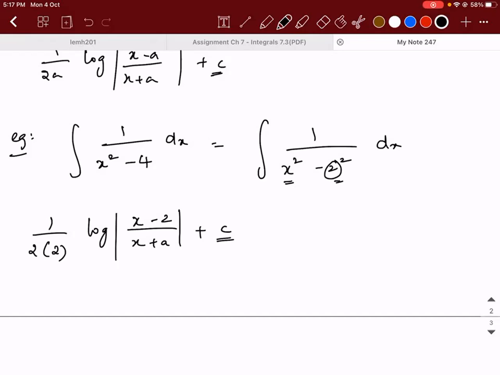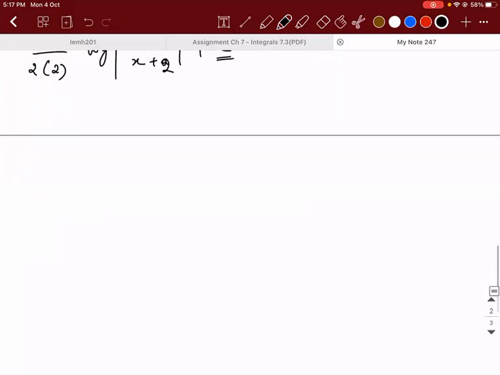Sir, it'll be log of x minus 2 by x plus 2, right, sir? So x minus 2 by x plus 2. Yeah. Okay. So next time you can apply this formula directly. Shall we move on to the next one?